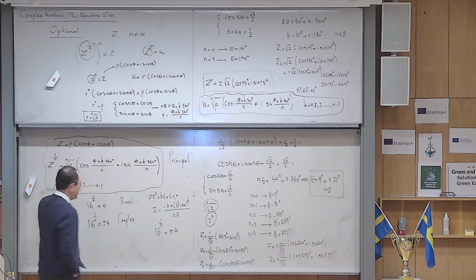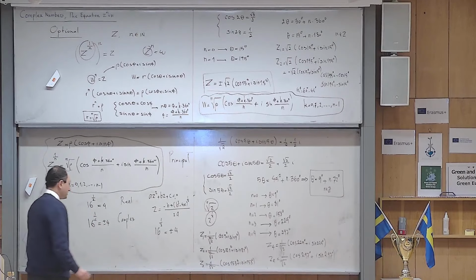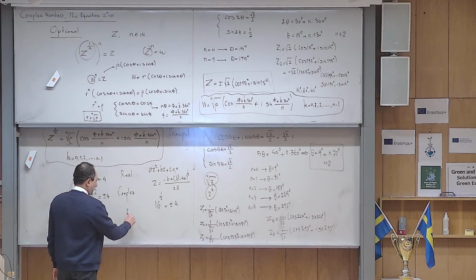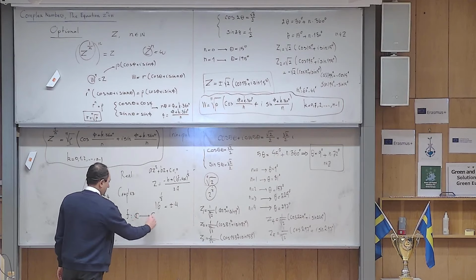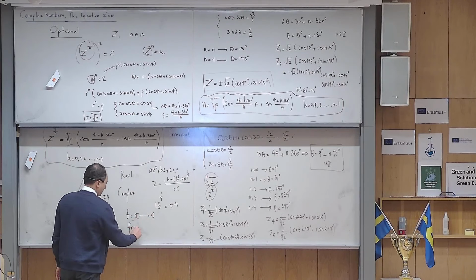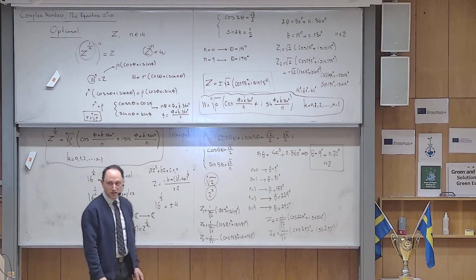So for example, what is the problem of this? Can I say I have this function? So let me write 1 over 3. Do you agree that this is not a function?